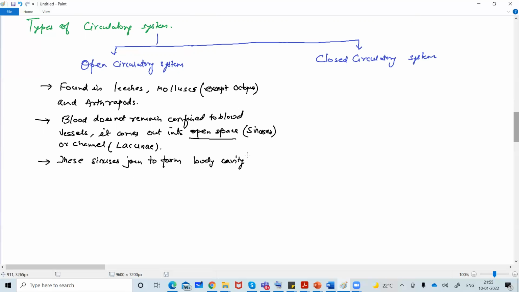So the body has a small cavity where the blood will come and nutrients will be exchanged, and then it will flow back into the body. So these sinuses join to form body cavity, which is filled with blood, and is called haemocoel, if you remember.